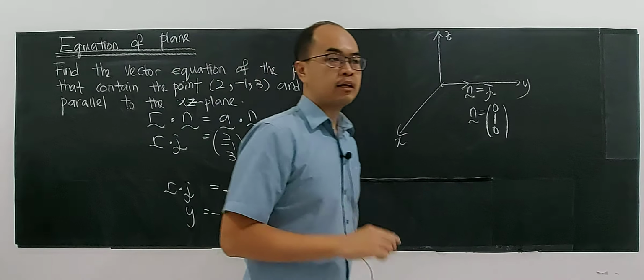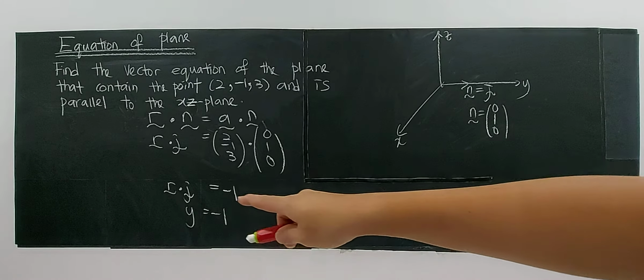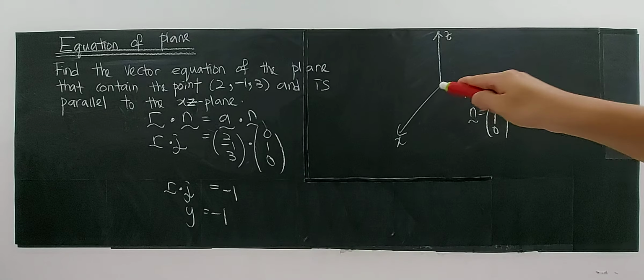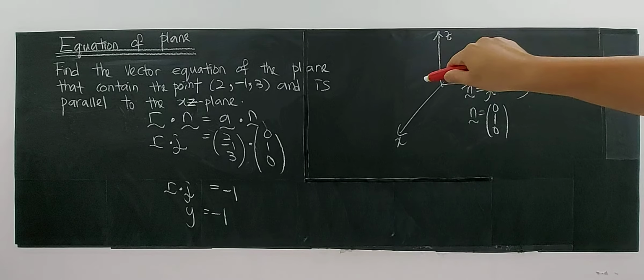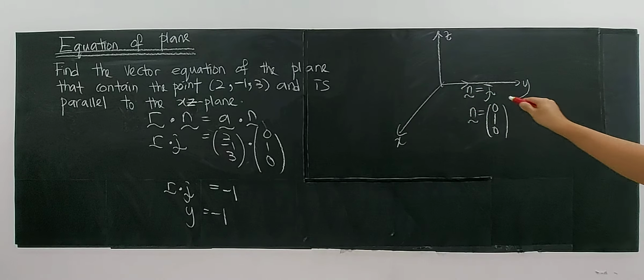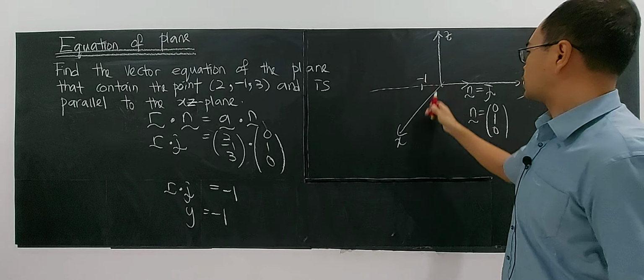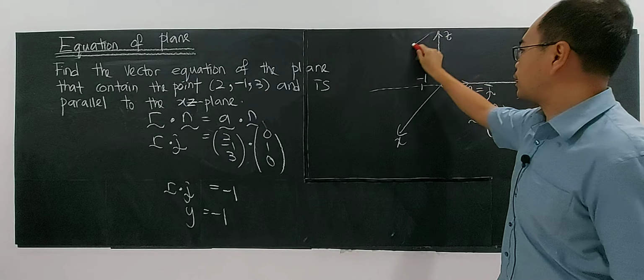Y equals -1 in 3 dimensions is different from 2 dimensions. So y equals -1 in 2 dimensions is a straight line that passes through y equals -1, right? So here is positive, so -1 is somewhere around here. But when you view it from 3 dimensions, it's actually a plane.